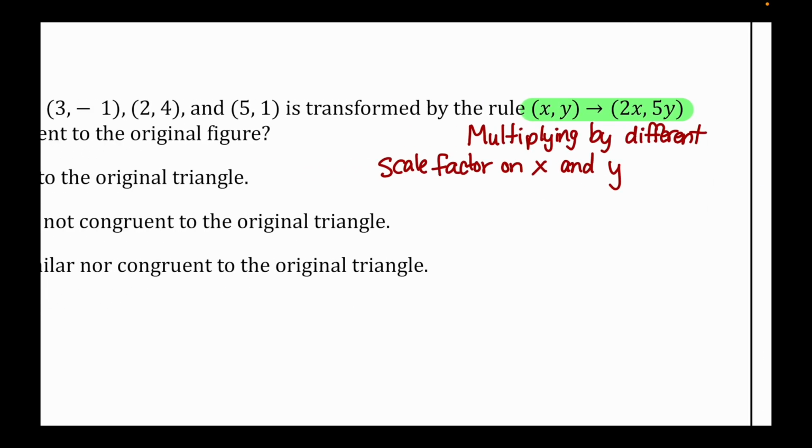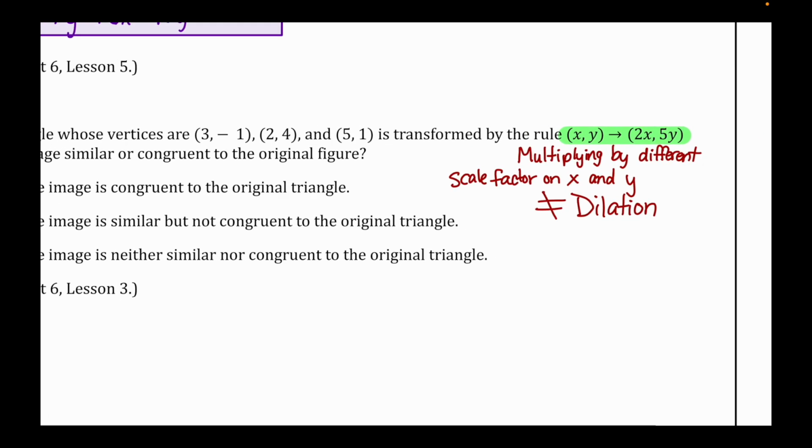So this is not a dilation, or not the kind of dilation transformation that we would use, because a dilation would normally mean that this is going to be similar. And it's definitely not a rigid transformation, which would mean it's going to be congruent.